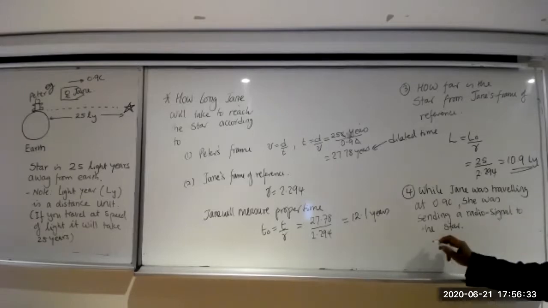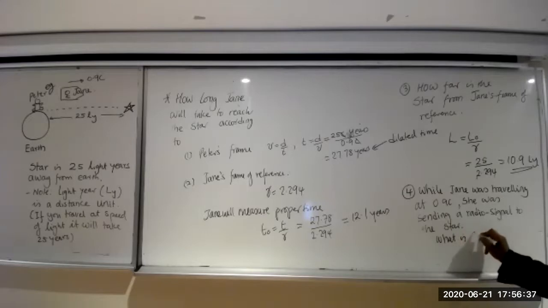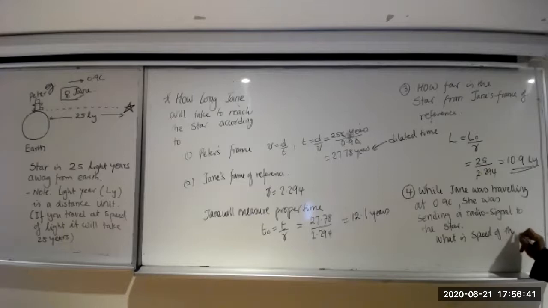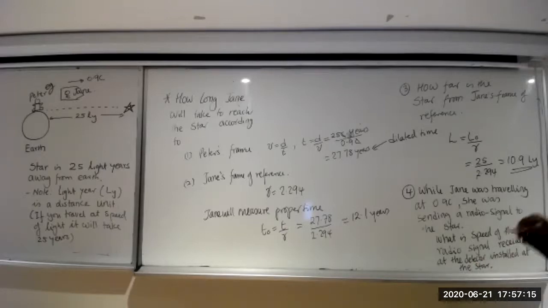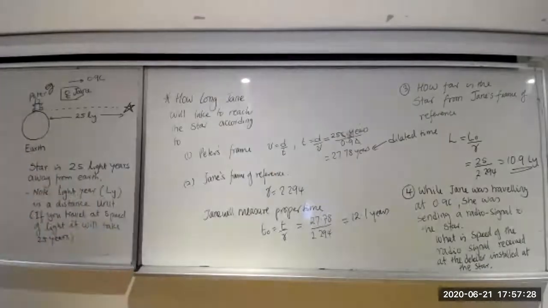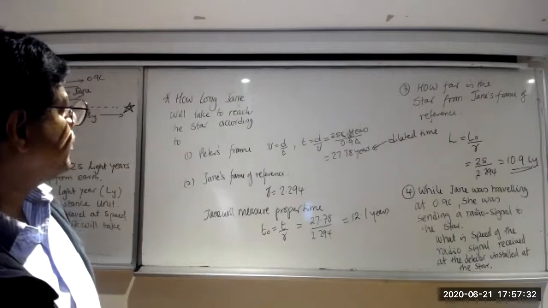Now, what would be the speed of the radio signal received at the detector installed at the star, while she was traveling at 0.9?